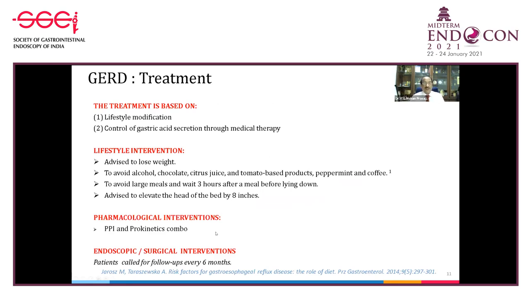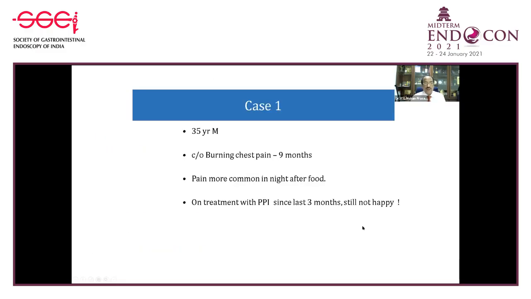Of course, the disruptive group, people with atypical symptoms, and people who are likely to progress to complications, all these people need definitive treatment in the form of surgical or endoscopic interventions. That's what I'm going to address today.